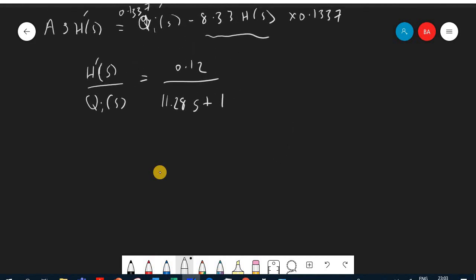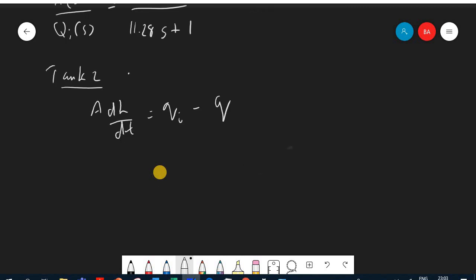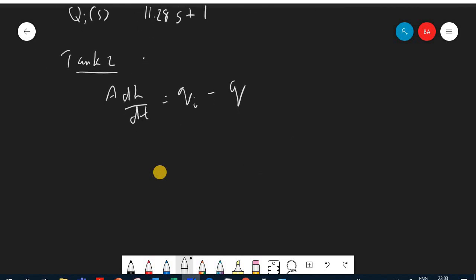If we are talking about tank 2, it is different. Tank 2 is dh by dt again equal to qi minus q. This time q is a constant output flow rate that does not depend on the height. If you continue with the problem and do the dh prime, you will find that this will be directly something like that.